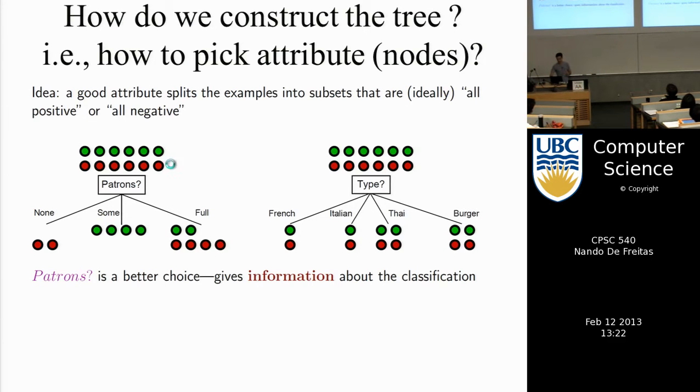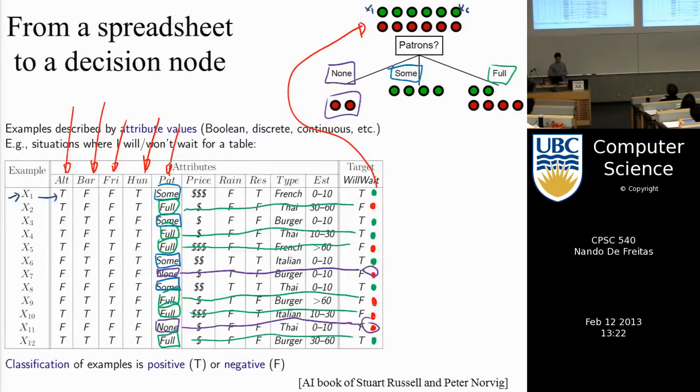However, if we look at food type, okay, so if we look at this alternate decision variable or attribute, for that variable, there are precisely two of each kind. So if you are a French restaurant, one person waited, one person didn't wait. If you're Italian, the same situation.